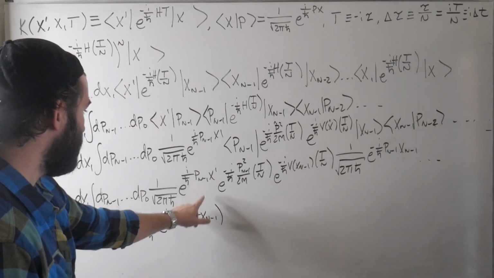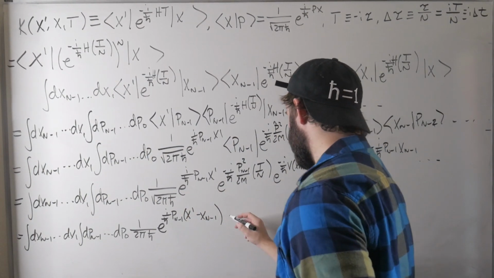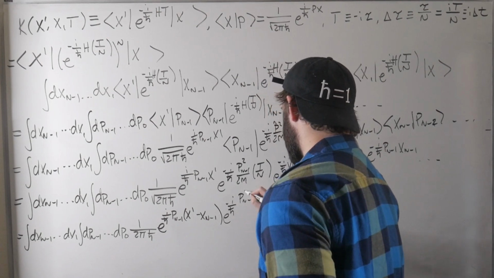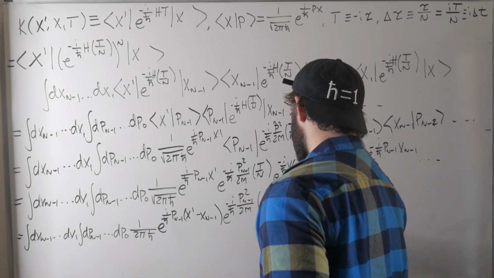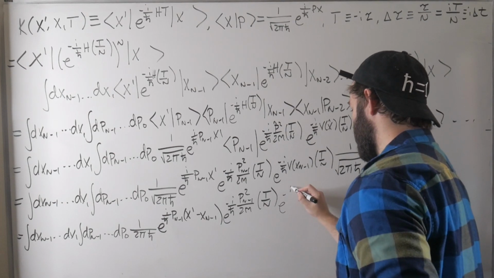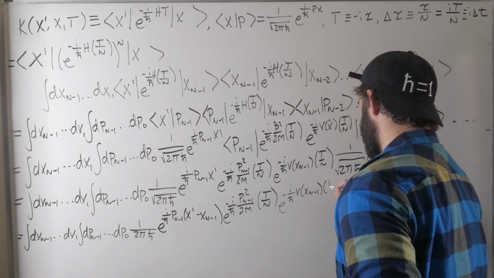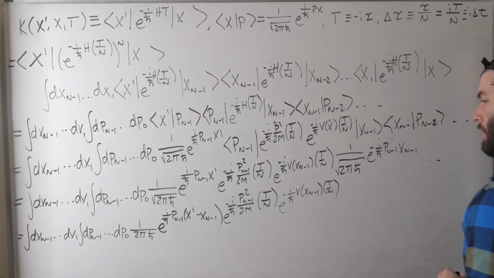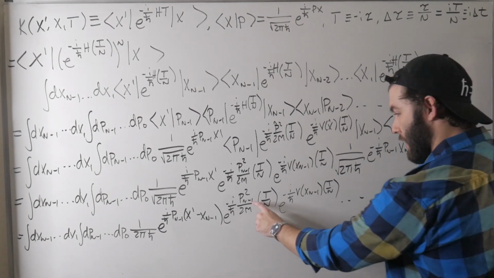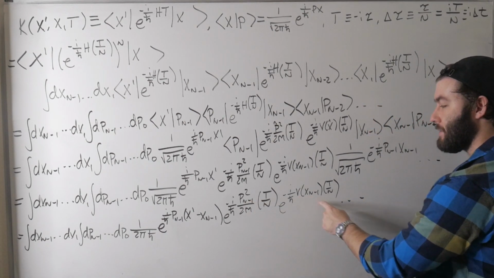That's this term. That's these two. And then we're also going to have this squared term, e to the minus i on h bar, p sub n minus 1 squared over 2m, t over n, and then the potential term. Okay, and now we have something that's free of operators, and we just have the momentum eigenvalues and the potential that depends on the x ones.